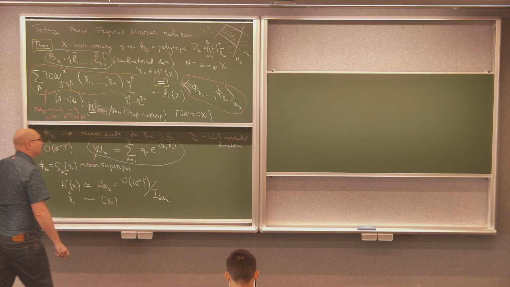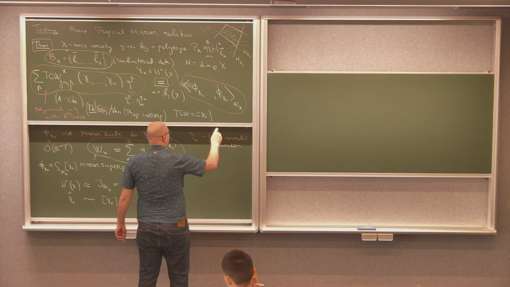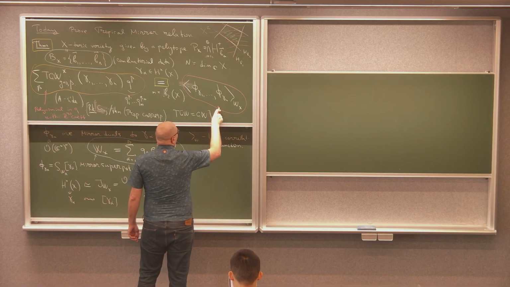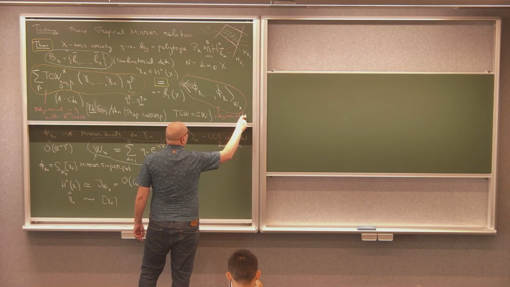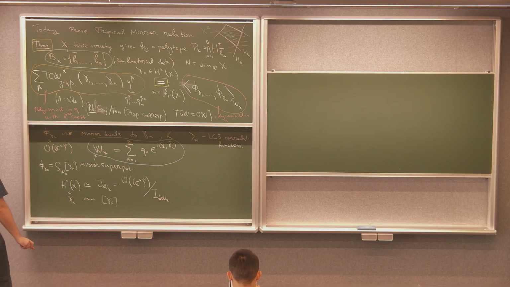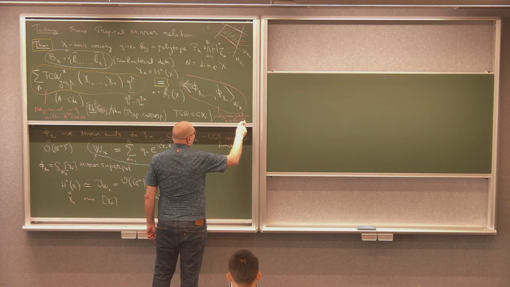a surprising fact, which is not entirely obvious from the definition of this thing, is that the right side is also a polynomial in Q, and even less obvious, that the coefficients are actually positive.